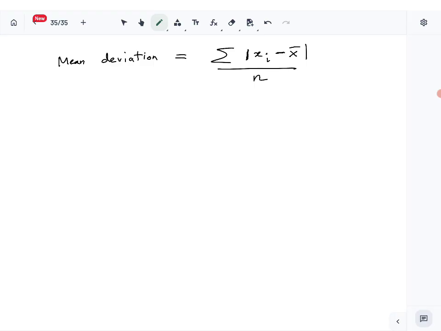You get each value and subtract the mean, then take the absolute value of those and add all of them. You do it to each term, then divide by the number of data points. So that gives you mean deviation.